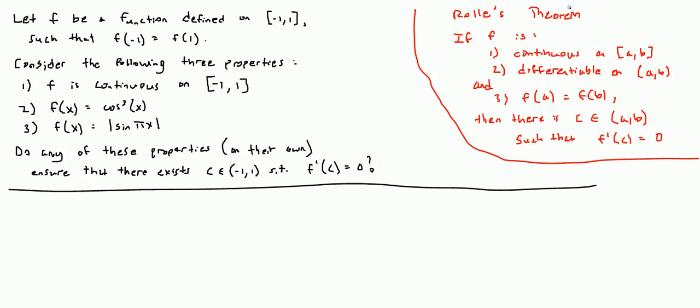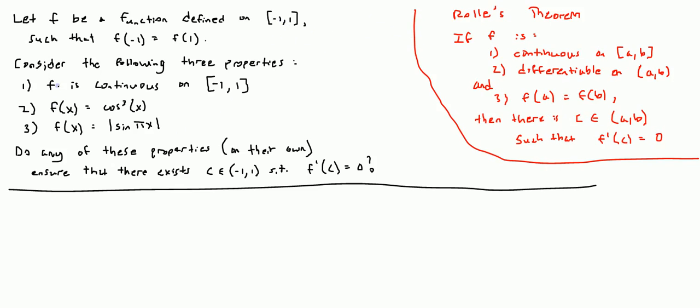To review Rolle's theorem: if f is 1, continuous on [a, b] closed, 2, differentiable on (a, b) open, and 3, the value at the endpoints is equal, then there is c in (a, b) such that f prime of c is equal to 0. To see the connection, just replace a and b with -1 and 1.